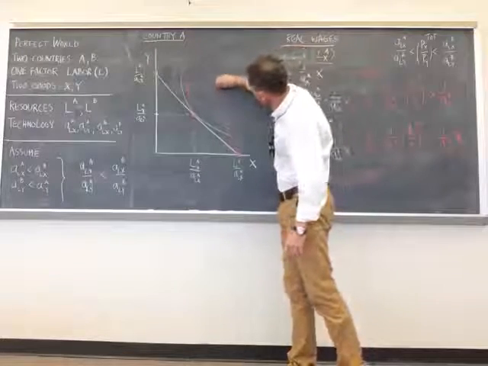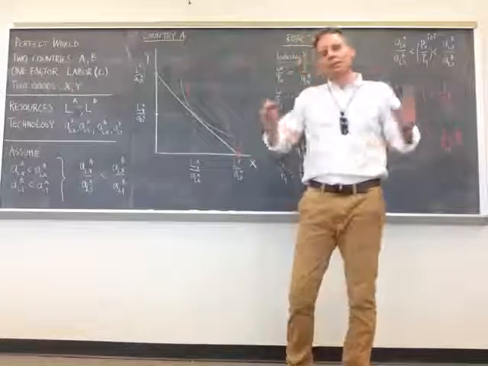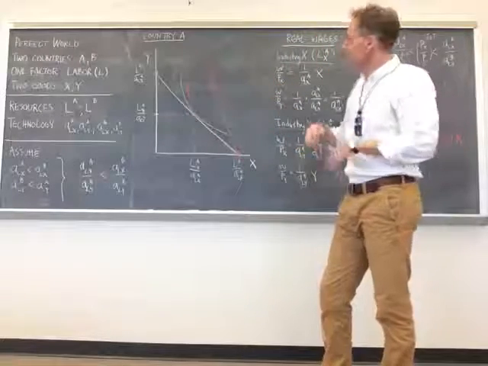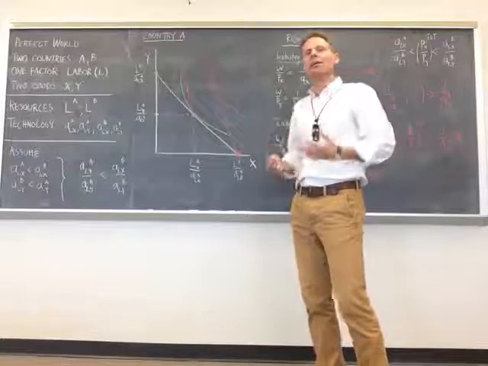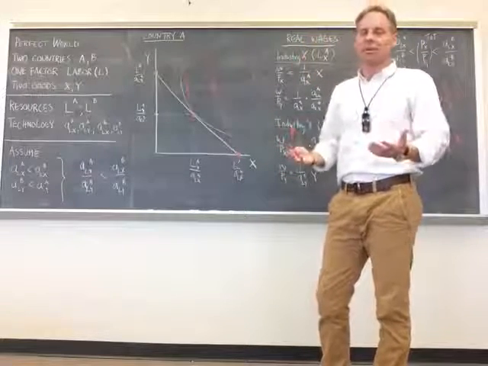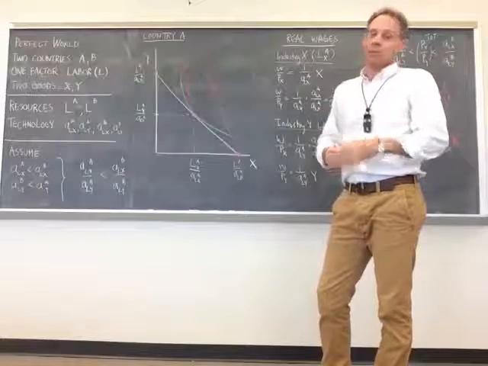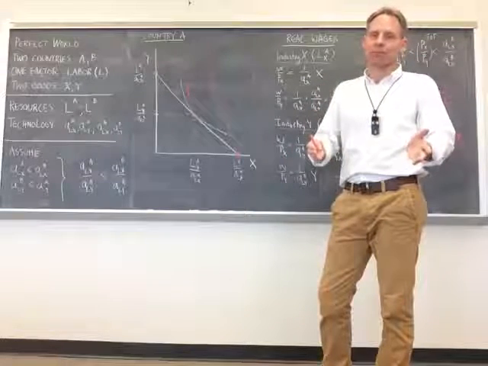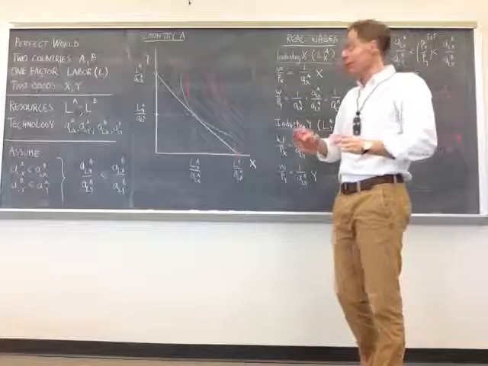But what we can see is that you can reach a point that is even farther outside of your PPF, or you can reach an even higher indifference curve. So the country as a whole is definitely even better off compared to both before trade and after trade in the short run. All right, so the country is better off.